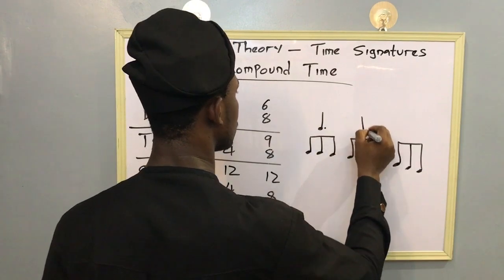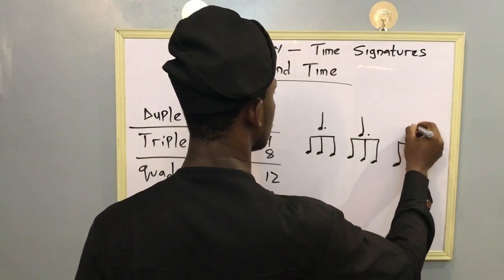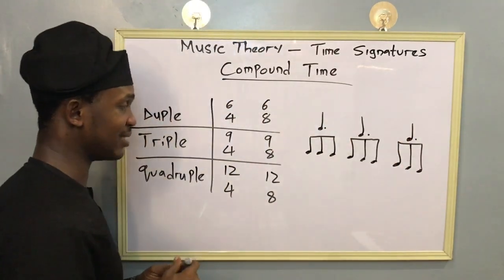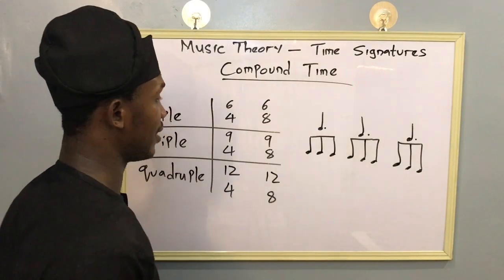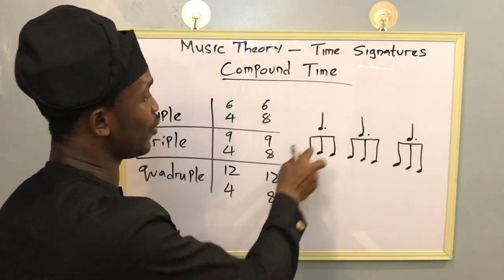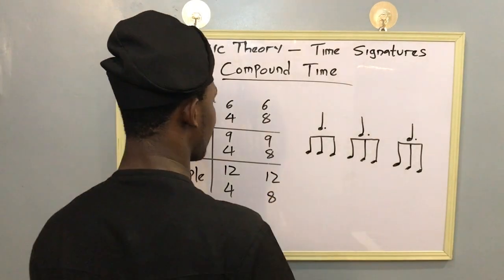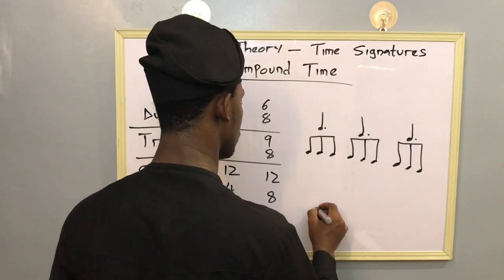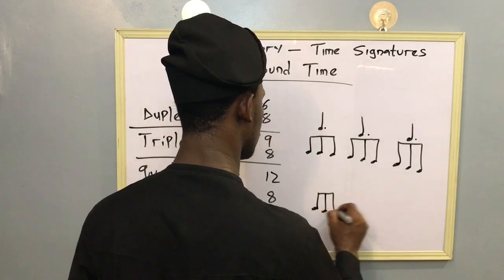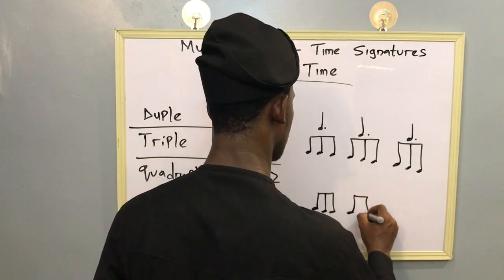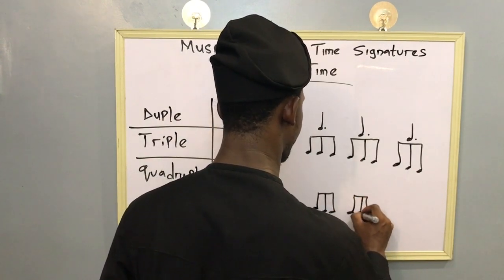This is a dotted note. Like we said, the basis of counting in the compound time is a dotted note. So that is the way this is. 12 8, for example. So yeah, I have to be fast.